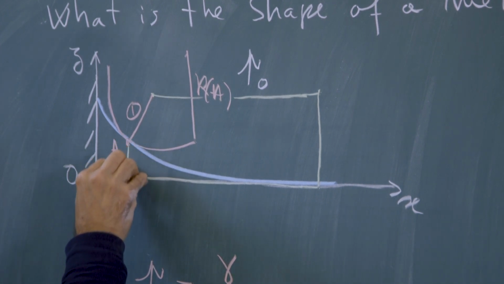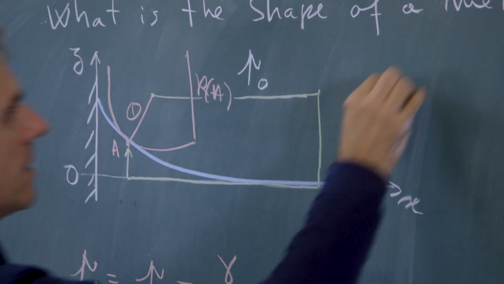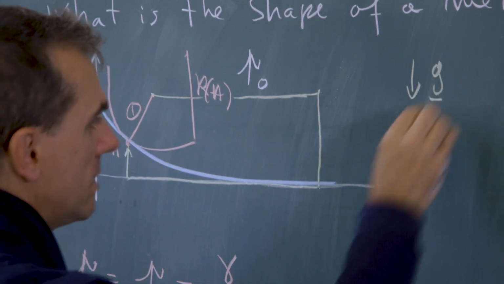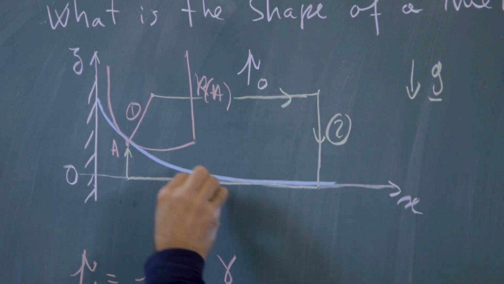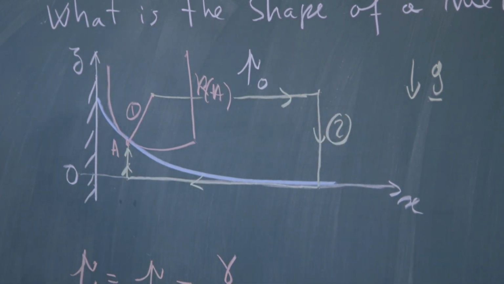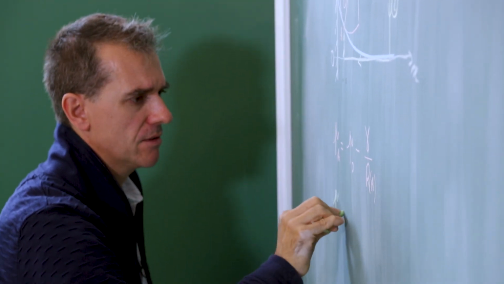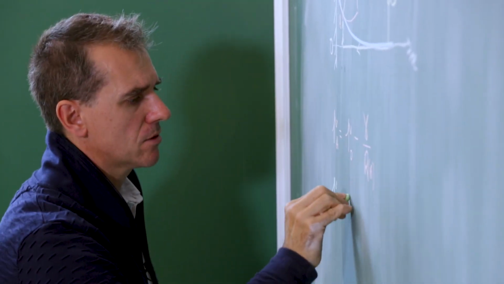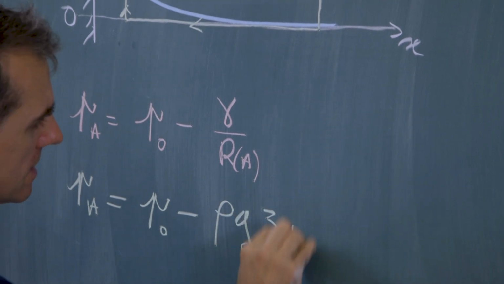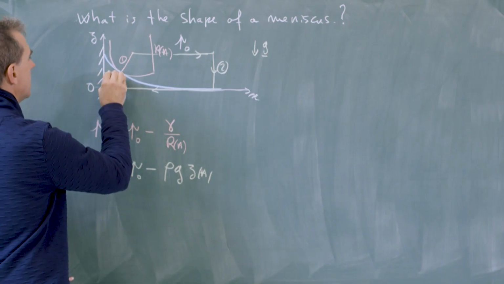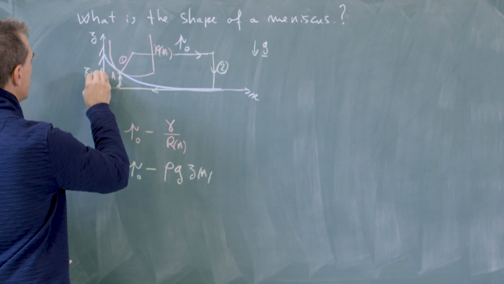And then I move up. If I move up, then I feel the effect of gravity. And so according to the second path, so path number 2 that goes this way, I have that the pressure in A following path number 2 is equal to P0 minus rho g times z in A, where z in A is the vertical location of the point A.